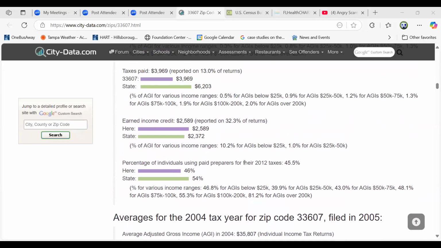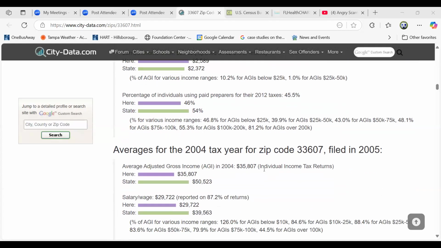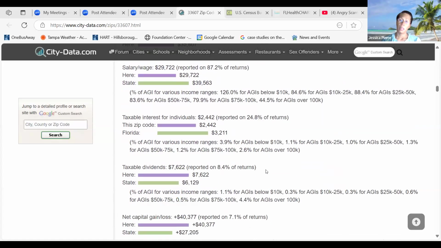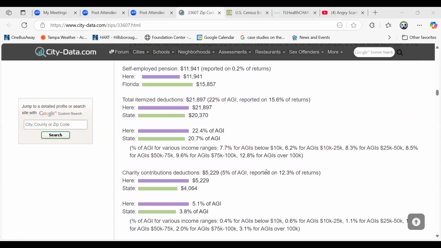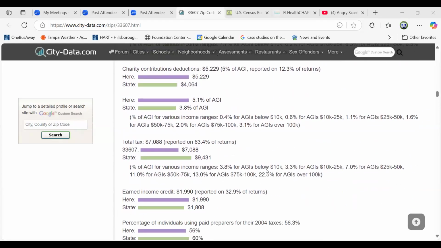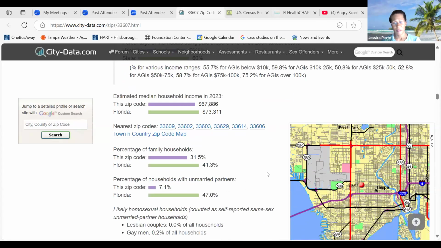That's not important unless you have a particular situation where you're trying to show that the earned income credit in this neighborhood is not being used as much as it should be. Okay. Go back to taxes. They got a lot of information on taxes, don't they? So let's get past that. Now we get into, look at this. These numbers are 2023. So you know this is the most recent number in terms of median household income.